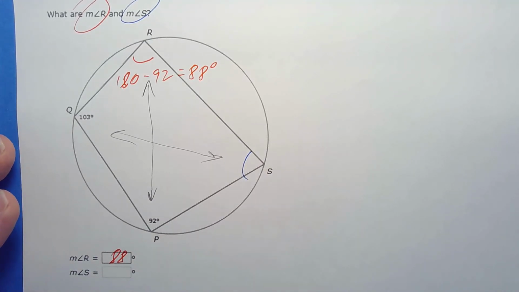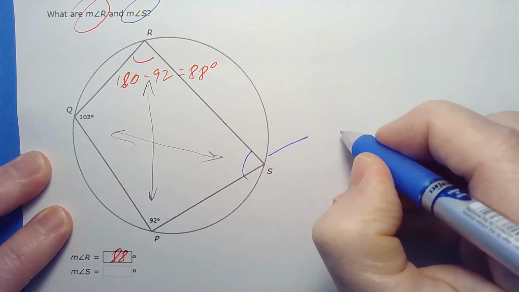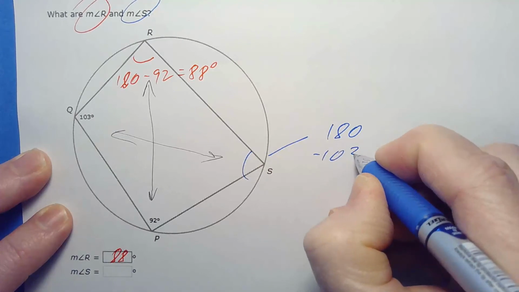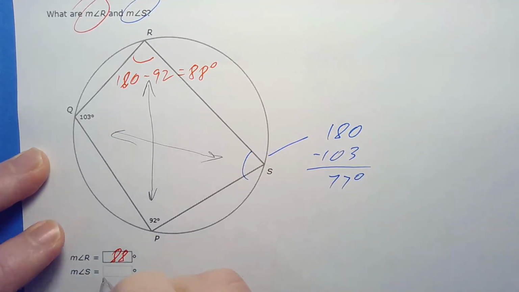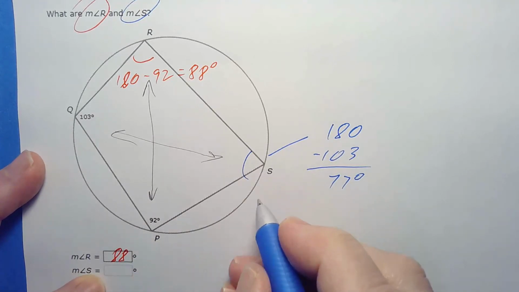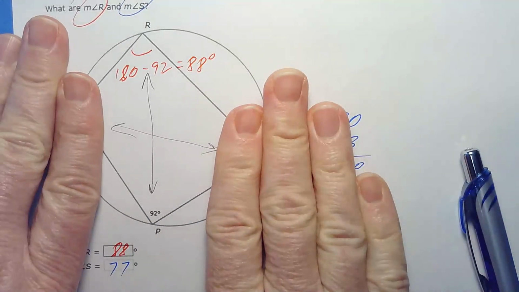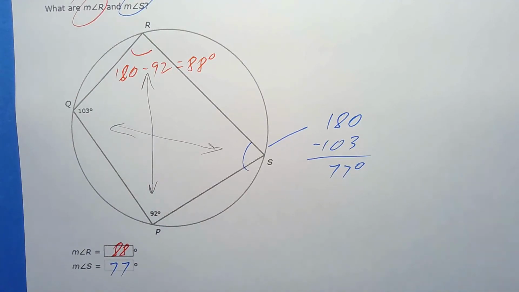Same thing for this angle S. I'm going to say 180 minus 103, which is 77 degrees. So the measure of angle S, the one over here, is 77 degrees. So again, you just ignore part of the circle. Just think about these two, and think about these two. That's how you're going to do it. You're just going to break it into pieces.